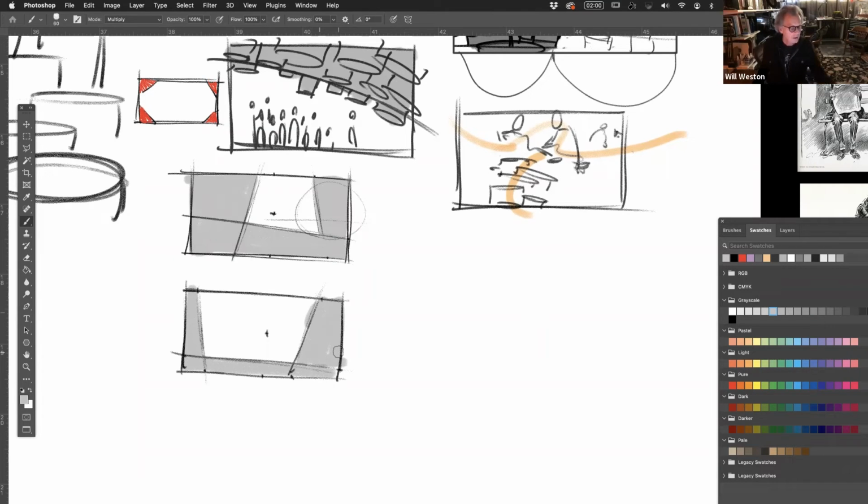Okay. Let me make it a little less abstract for a moment. I'll come in here and say, okay, here is a log coming into the foreground like this. Okay, and I have some other logs coming in like this. I'm going to break up this area a little bit.